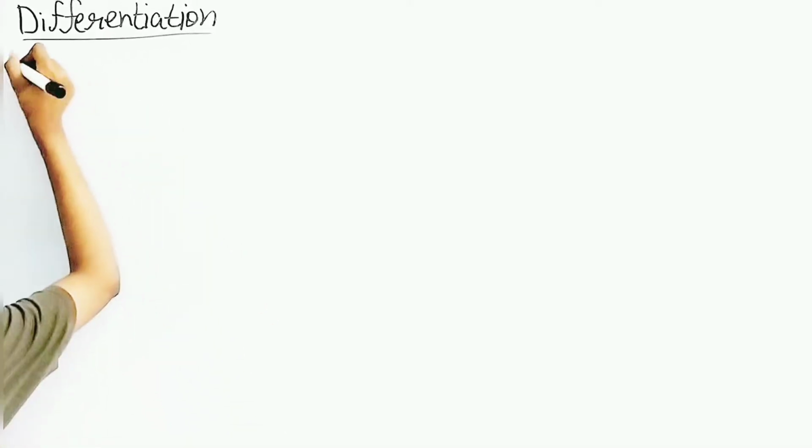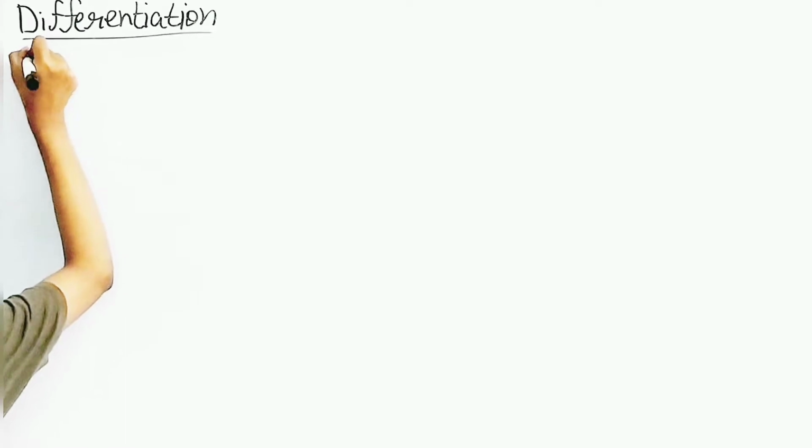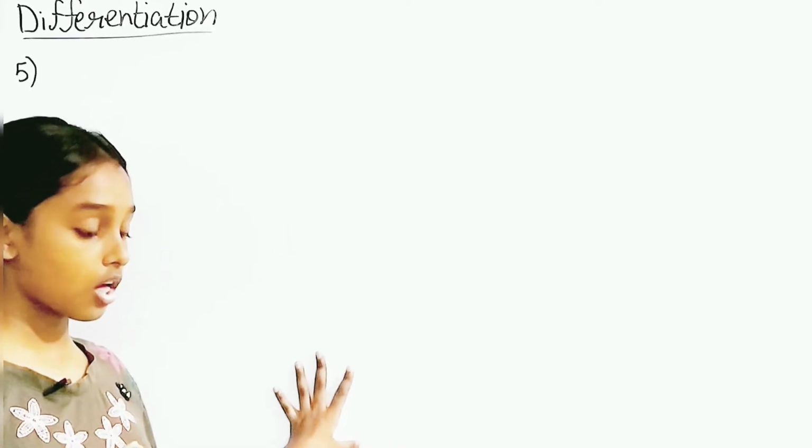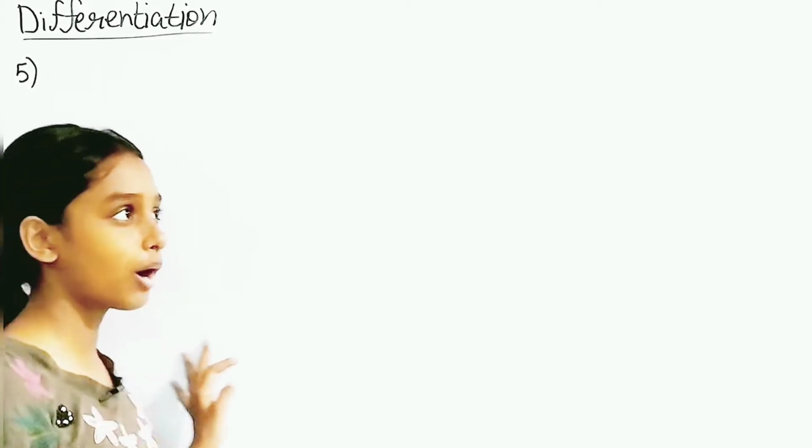So this is going to be our 5th condition. The last topic we discussed was, I think, a simple part multiplied by a constant, right? Yes or no? Just tell me.